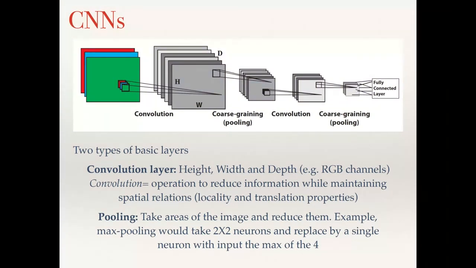So maintaining that is an operation, this convolution, which takes the inputs and tries to reduce the information inside this image while maintaining these spatial relations like locality and all the translation properties. So how is this done?